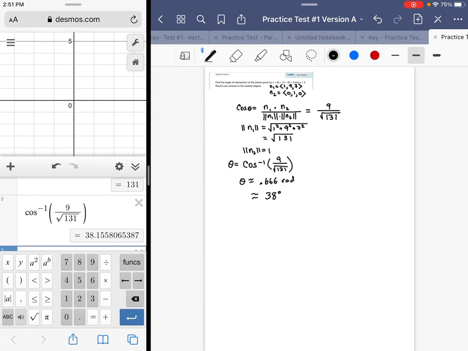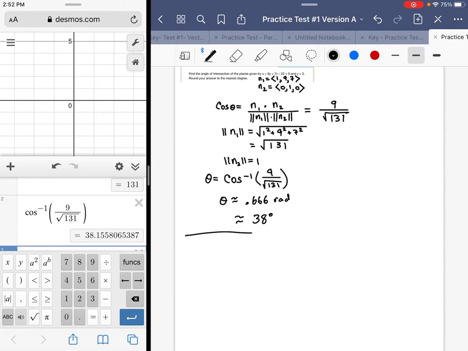And to address the question that wasn't asked, what if they said to find the equation of the intersection?